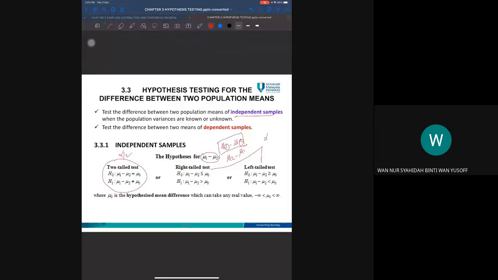For the traditional approach, the type of hypothesis is very important when we make the decision. Most of the time when we have two populations, your mu naught equals 0. If we don't have the population mean in the question, then we assume that mu naught equals 0. But sometimes we do have some value for mu naught.